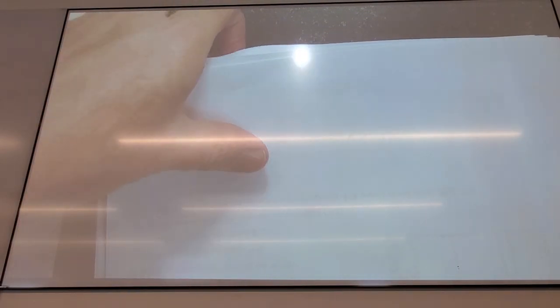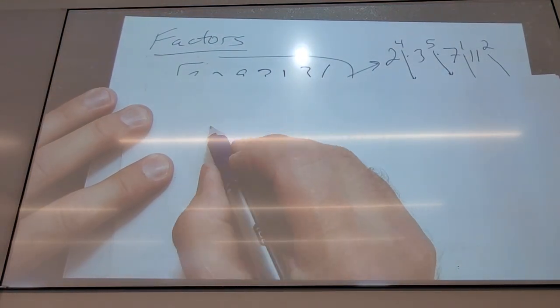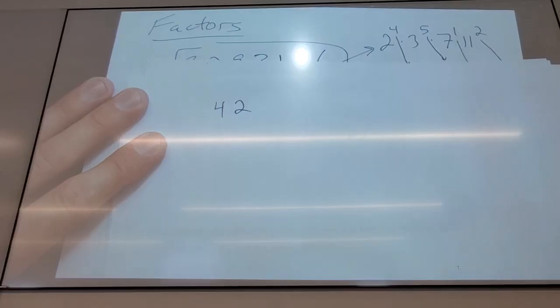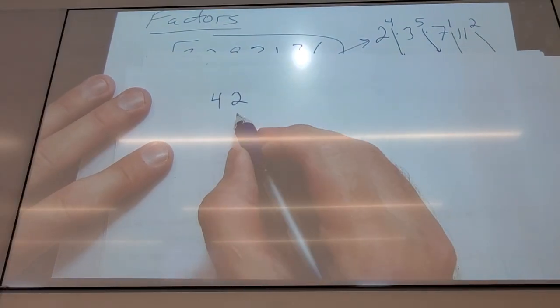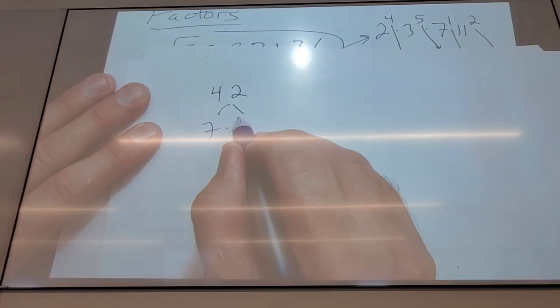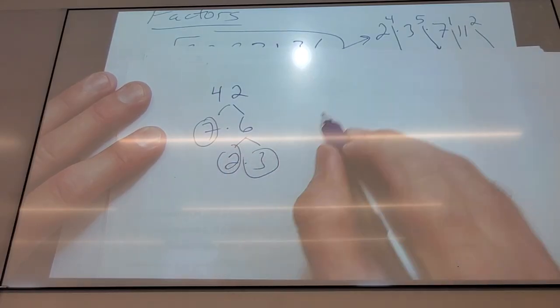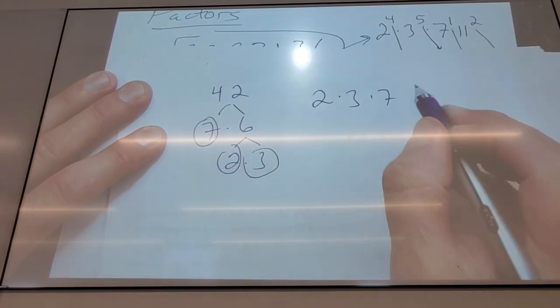Sure, let's try one that's a little bit smaller. You can do it, Jeff. Let's do 42, sure. Can you prime factor this for me? Yeah, 7 times 6. 2 times 3, so I got 2 times 3 times 7.